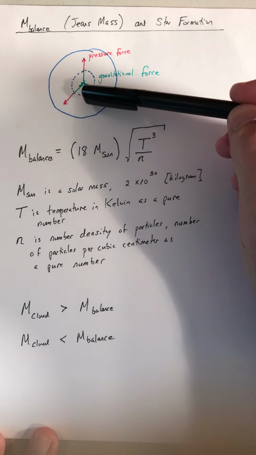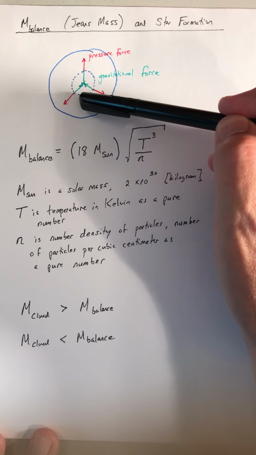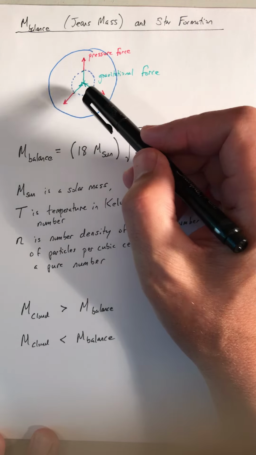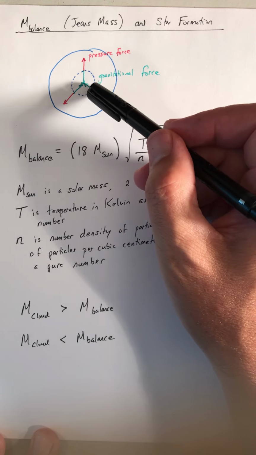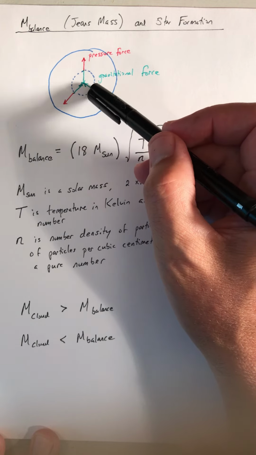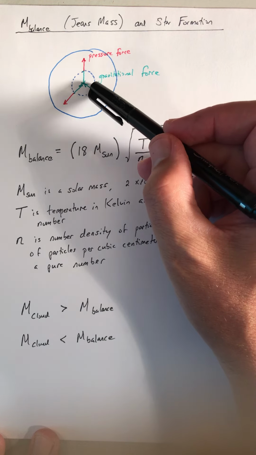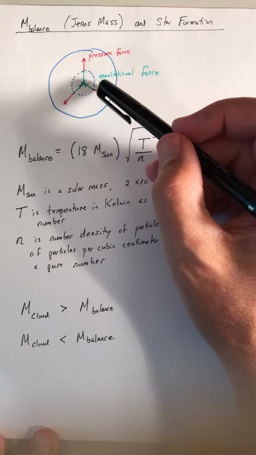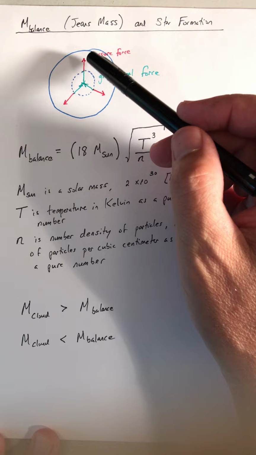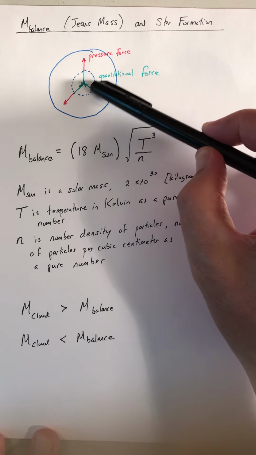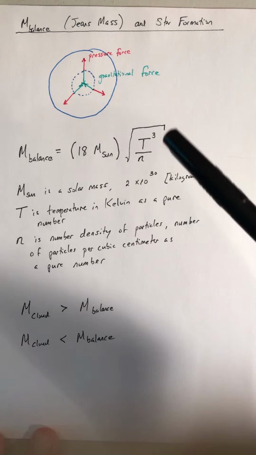That means that all throughout this cloud, if I just take this arbitrary layer with the dashed line, all along it, the weight, so the force of gravity that's trying to make that shell collapse, is canceled out by a force of pressure that is trying to make it expand. And those two forces, being equal strength in opposite directions, just cancel out, so they sum to zero. And it's not just for that particular shell, it's all throughout the entire star or cloud.